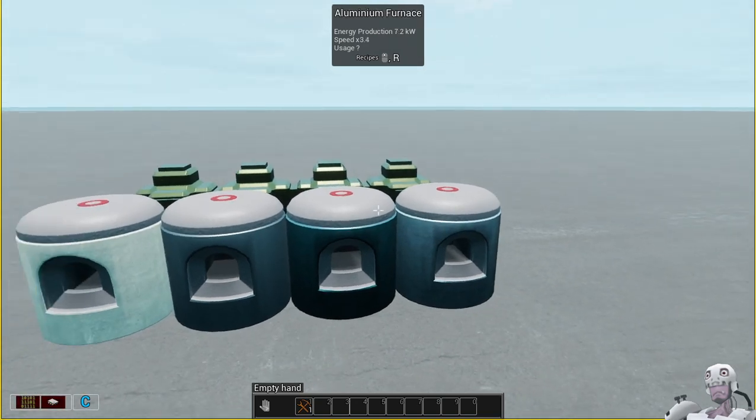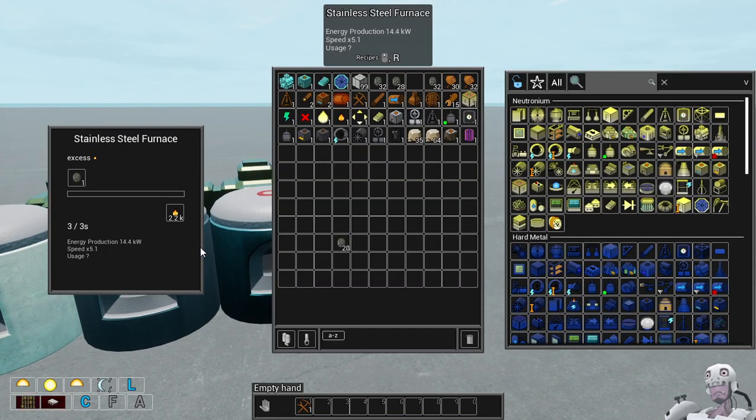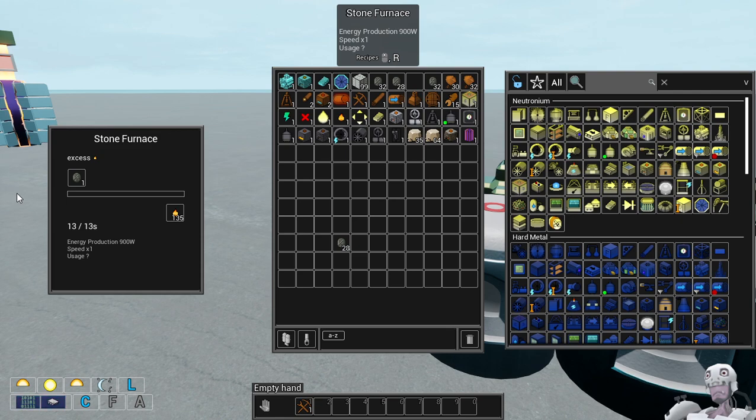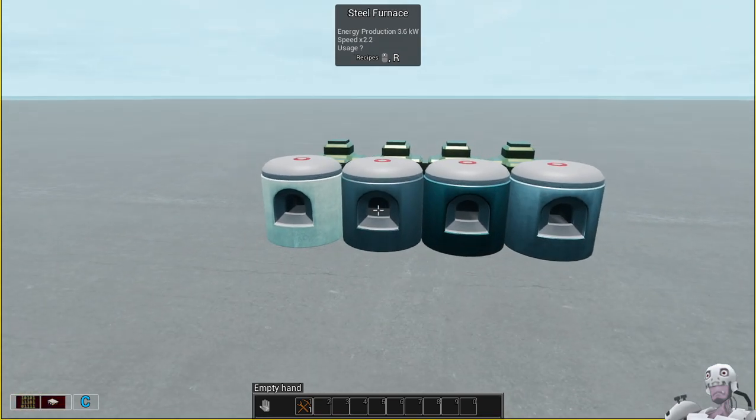And in the stainless steel, we have 14.4 kilowatts per second for 3 seconds. But this basic value is 12K, yes. So this is actually producing 3 times the amount of energy the coke would give us in a stone furnace. And so there is no loss, there's only gain.